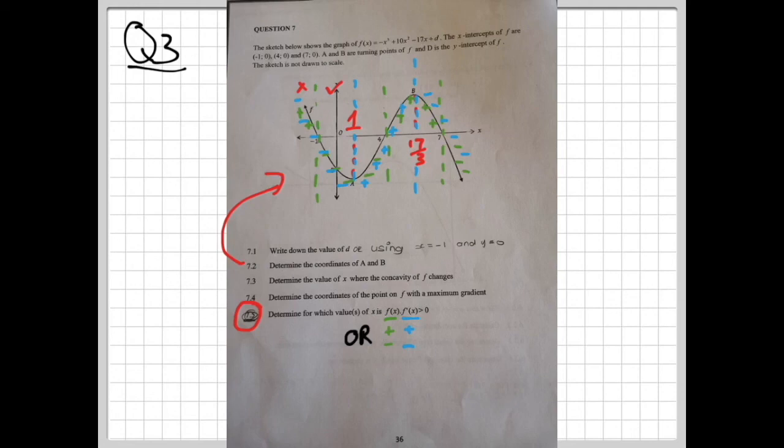There I've got a plus times a minus. No, that doesn't work out. But what about between 4 and 17/3? There it works out. Between 17/3 and 7, no, that doesn't work out because I've got a minus times a plus. And lastly, on the right-hand side of 7, it works out because I've got a minus times a minus. So this means I've got 3 possibilities with this.